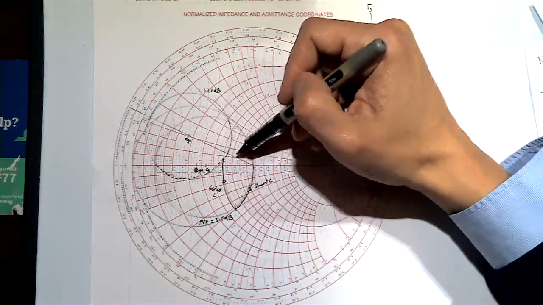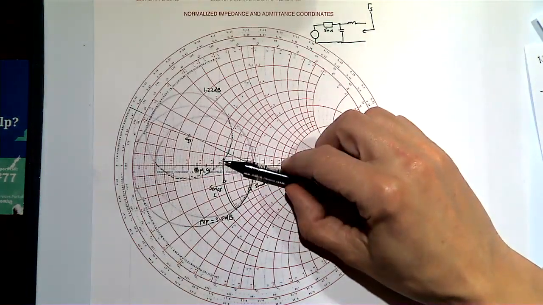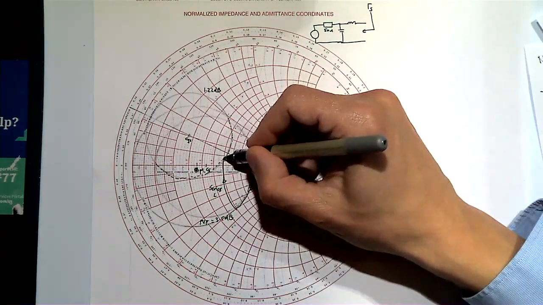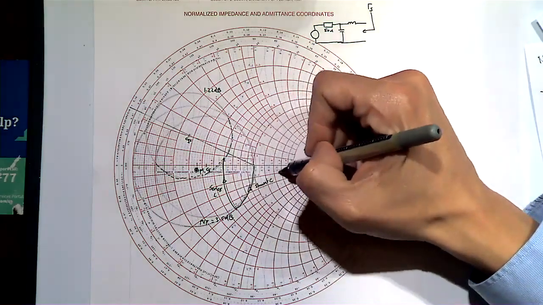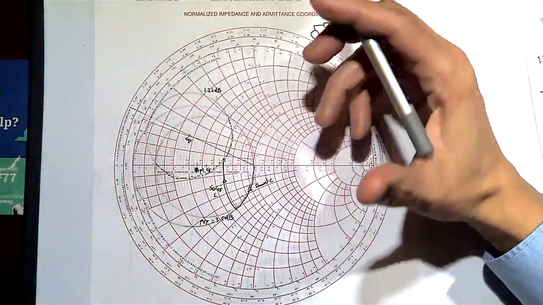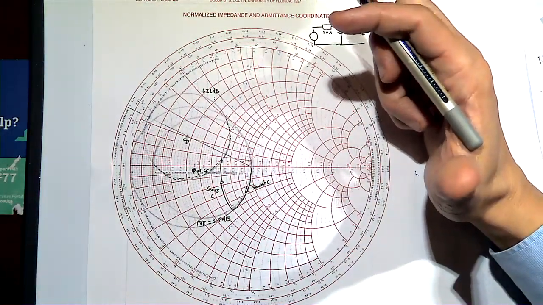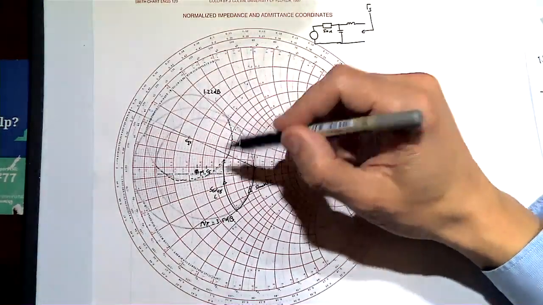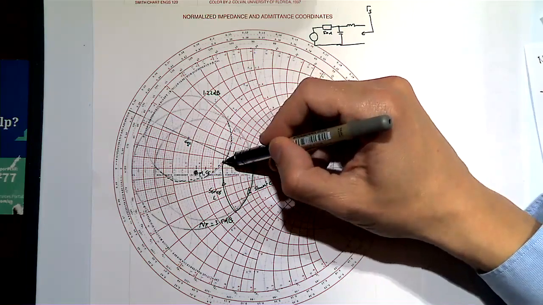So you would try to find the point with the smallest radius, because the VSWR circle with the smallest radius gives you the lowest voltage standing wave ratio at your input. Okay, so let's, for argument's sake, say we chose this point.